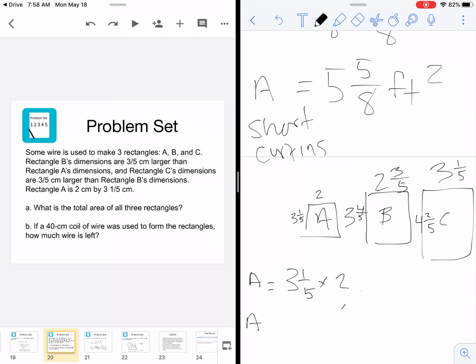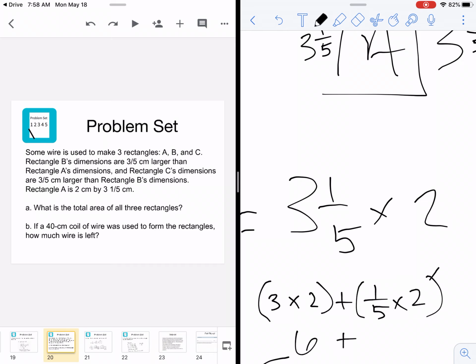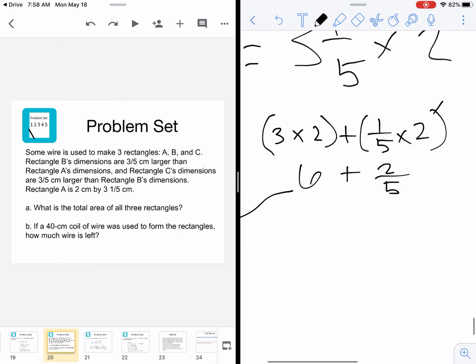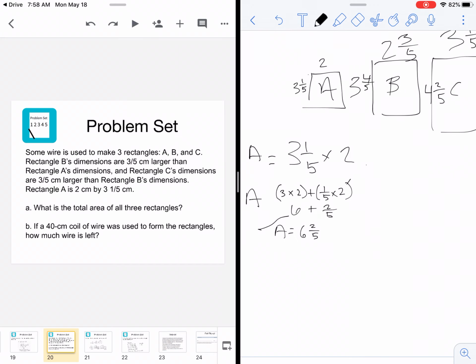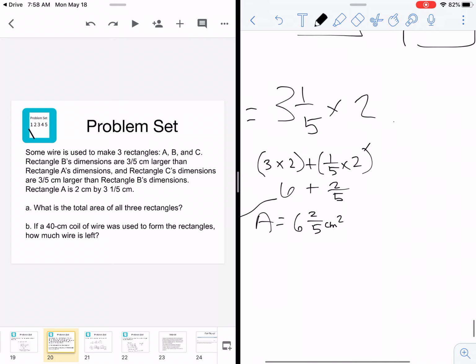So we have 3 times 2 plus 1/5 times 2. 3 times 2 is 6, plus 1/5 times 2 is 2/5. So 6 plus 2/5 is 6 and 2/5. So the area of A is 6 and 2/5 centimeters squared.